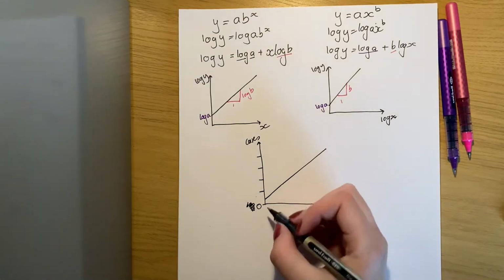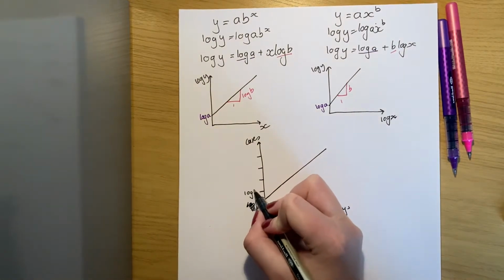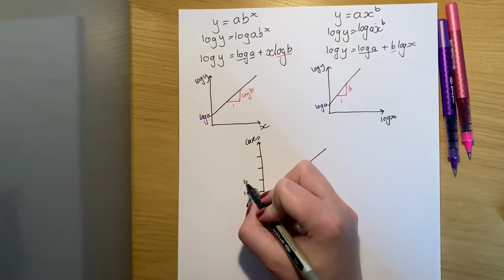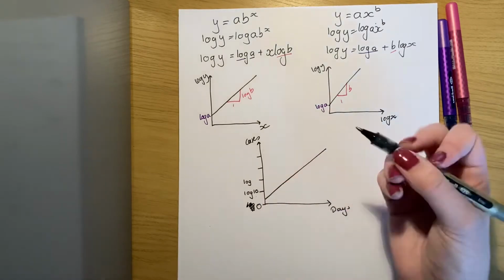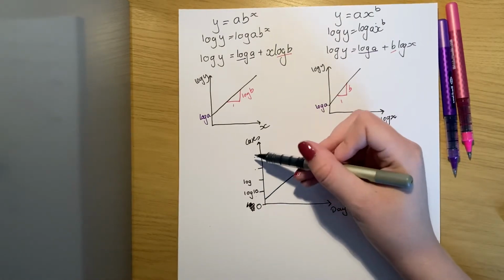So you might have log 10 of 10. Or what they're going to do is they're going to have log scales that are going up in intervals.